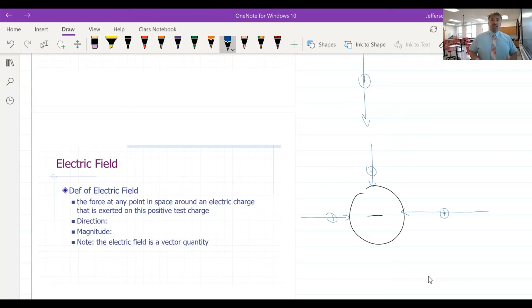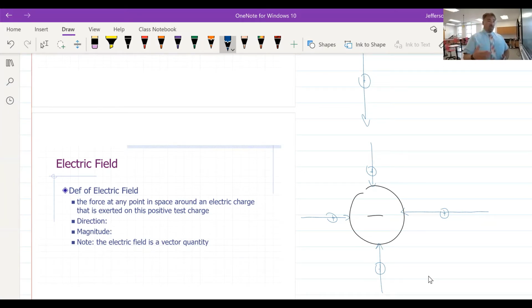And the reason he did this was in honor or in homage of Ben Franklin, because Ben said, hey, we're going to assume that it's the positives that move. And so Michael Faraday said, oh, okay, then we're going to define all this electric field as if what would happen to a positive charge were it there. Okay, and so what you need to remember is if you're looking at a positive, it's going to follow these electric field lines.